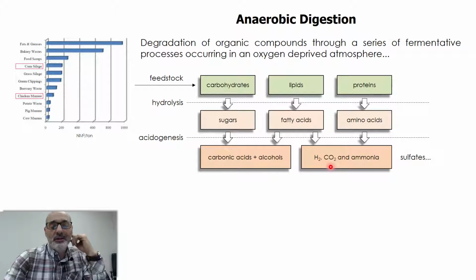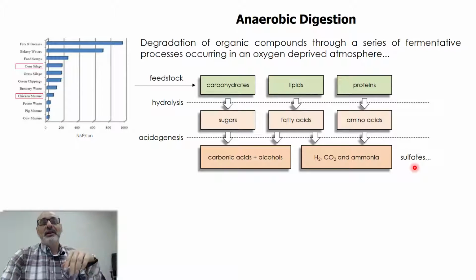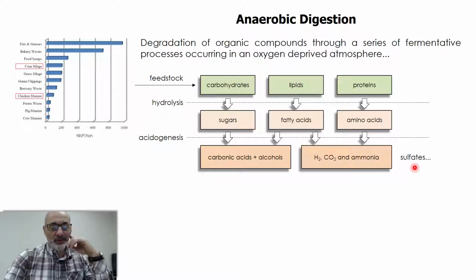But you also have CO2, because some of your microorganisms are breathing, actually, instead of fermenting. You have ammonia, and you also have sulfates, which are those nasty components that you have to get rid of in order to avoid having sulfuric acid in your system.